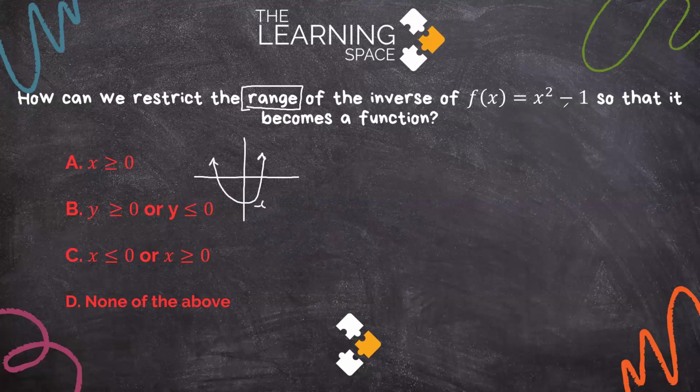Minus one, because it was shifted 1 unit down, not plus one. So that point there is minus one. Now, the inverse of this function, what would it look like? So with the minus one here, our graph is going to look like that.